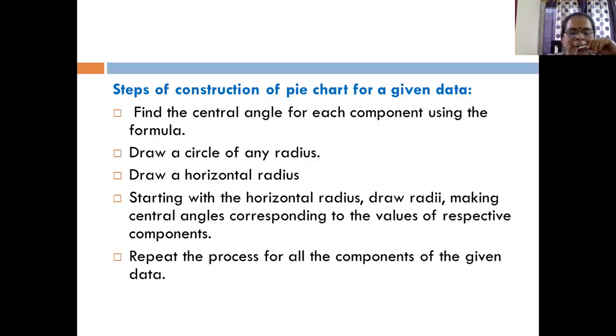So we mark the center and draw a base radius. Then we start measuring the corresponding angles from that particular base radius. Starting with the horizontal radius, draw radii making central angles corresponding to the values of the respective components, and repeat the process for all the components of the given data.